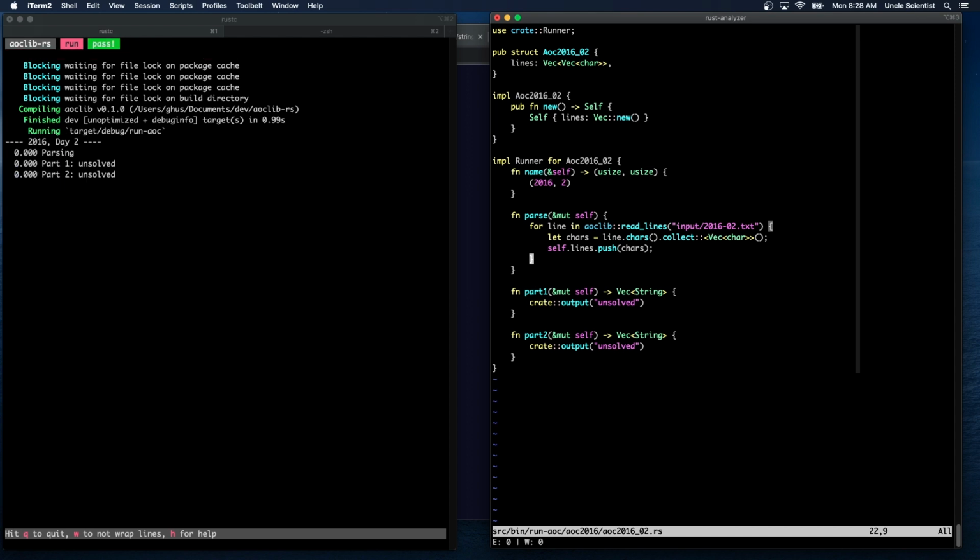Let's see if that works. Didn't complain. It's interesting though that it's not saying that we're not reading from this thing here.